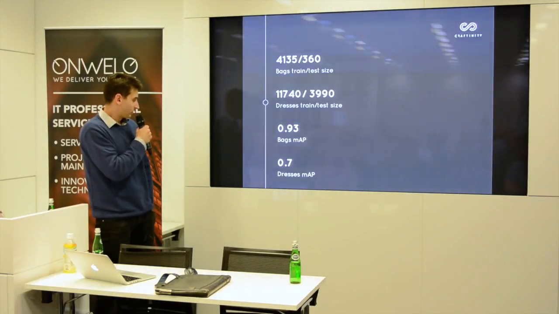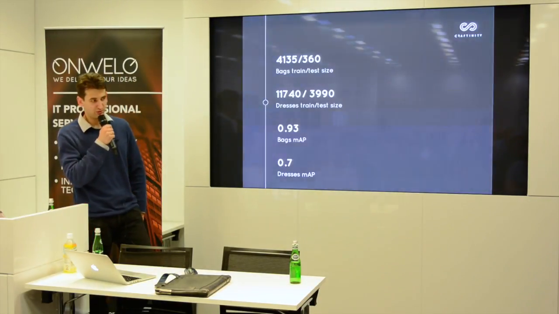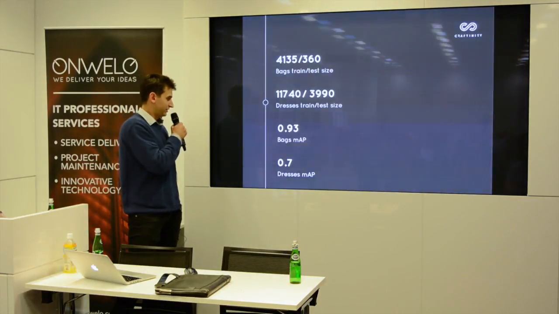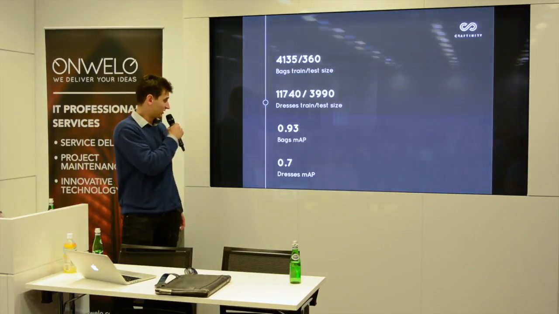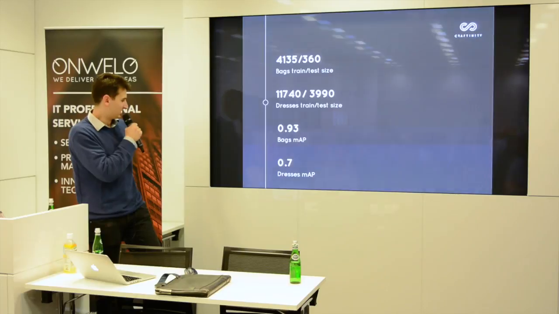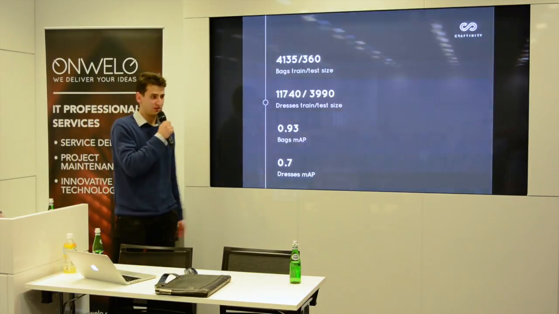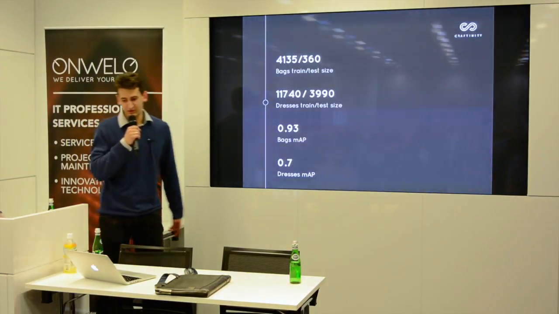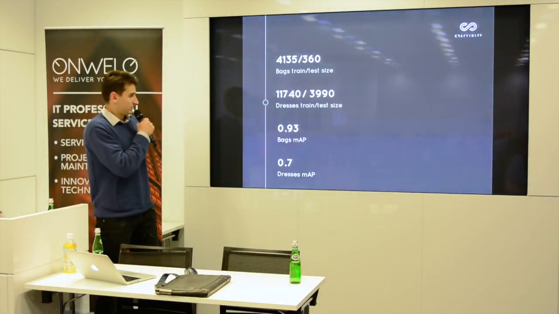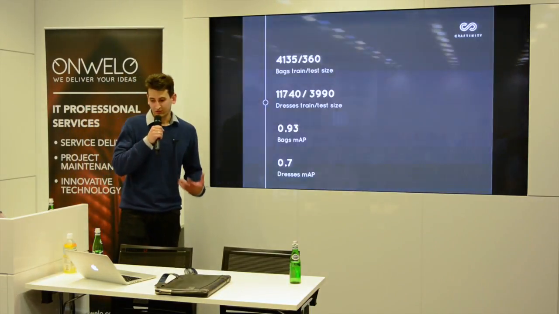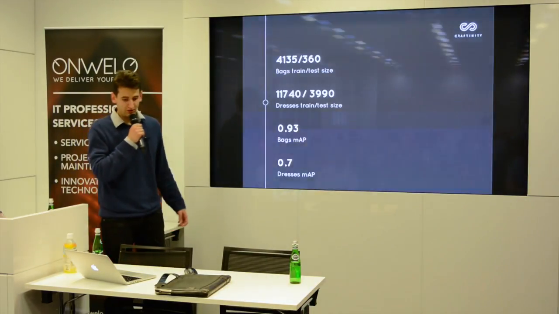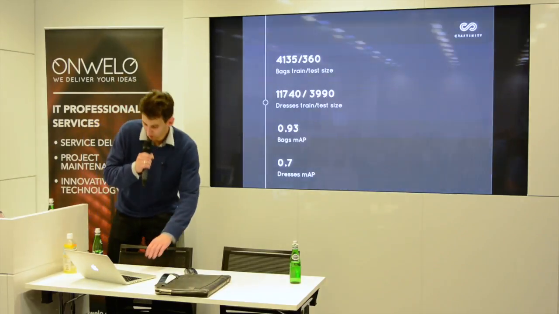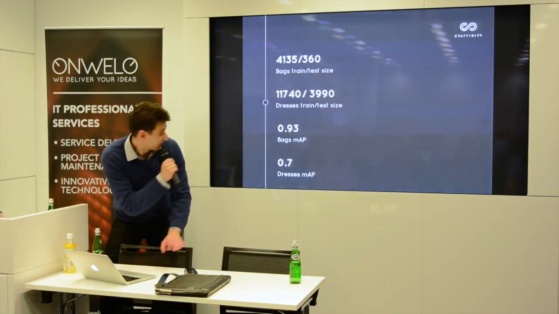And in detection, we measure the performance with mean average precision, and in case of bags, this SSD detector was much better than in case of dresses. These numbers are relevant to the final result of segmentation, which we perform using this second method, this pipeline of detection and segmentation.